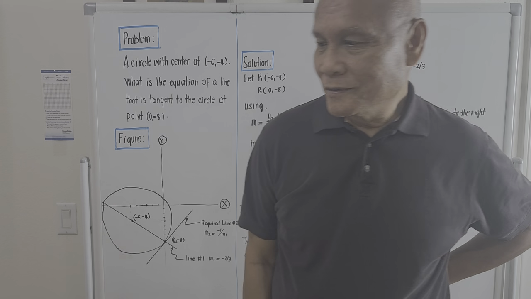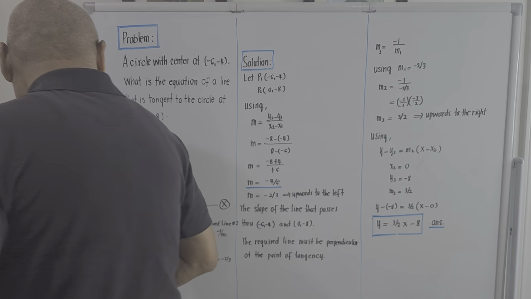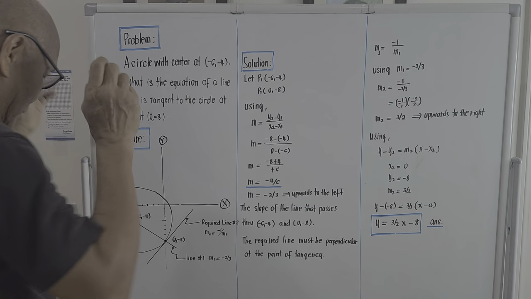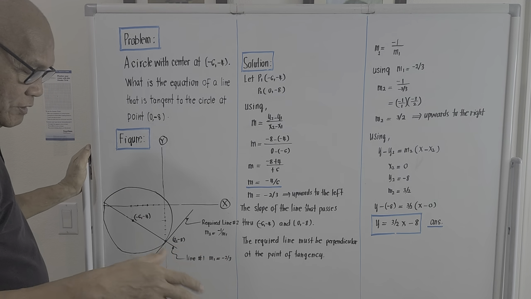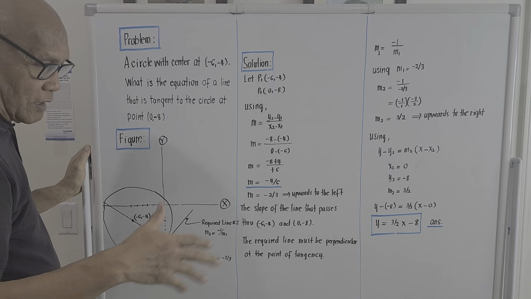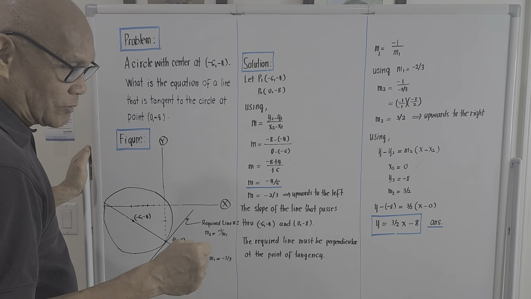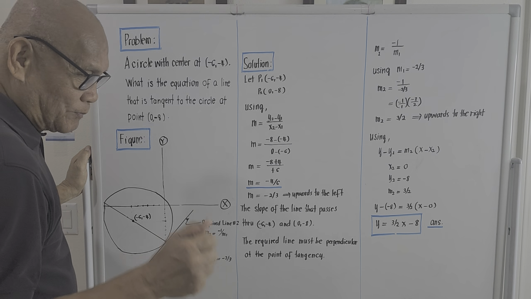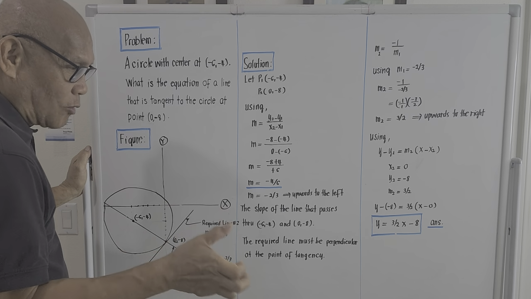Okay, let's proceed. I will try to read the problem. This is a random topic under analytic geometry, falls under conic sections, and falls under the subtopic slope.